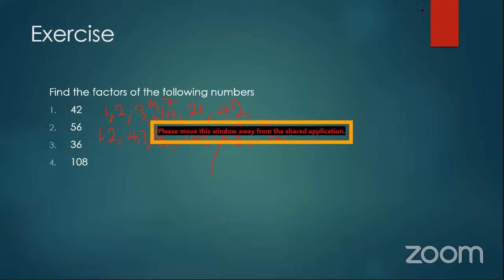I hope we have not missed any. So 56 divided by 1 is this, divided by 2 is that, divided by 4, that.